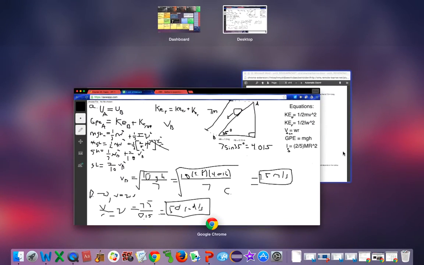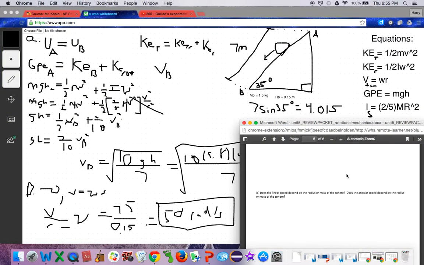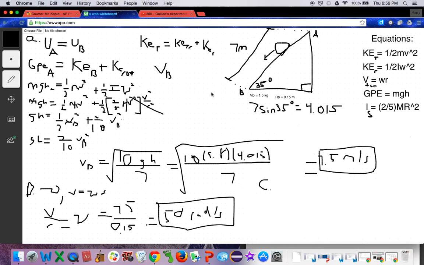Part C reads, does the linear speed depend on the radius or mass of the sphere? Does the angular speed depend on the radius or mass of the sphere? We can tackle this in two different ways, in two separate questions. Let's look at v. We know that v is equal to this for linear speed.